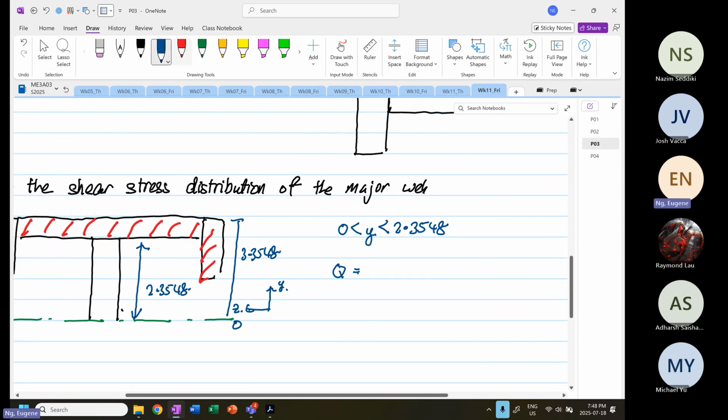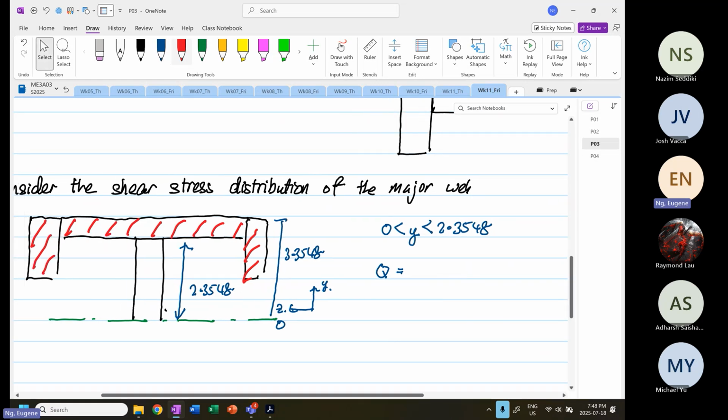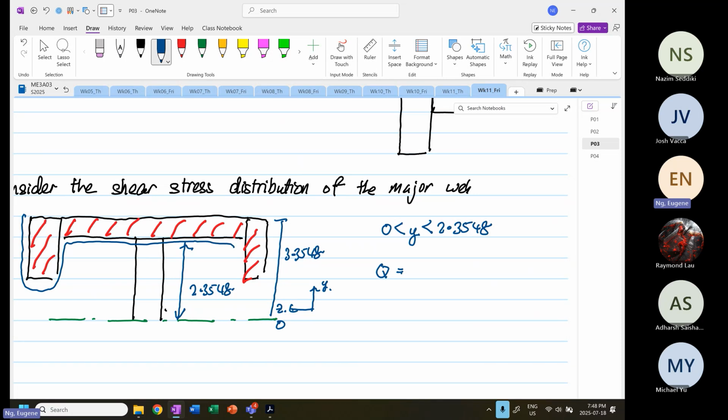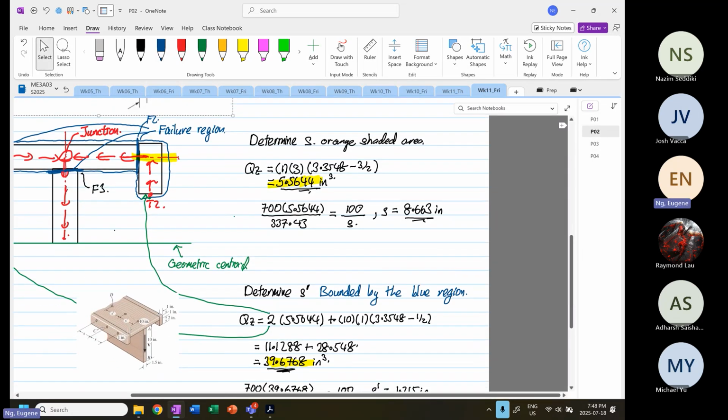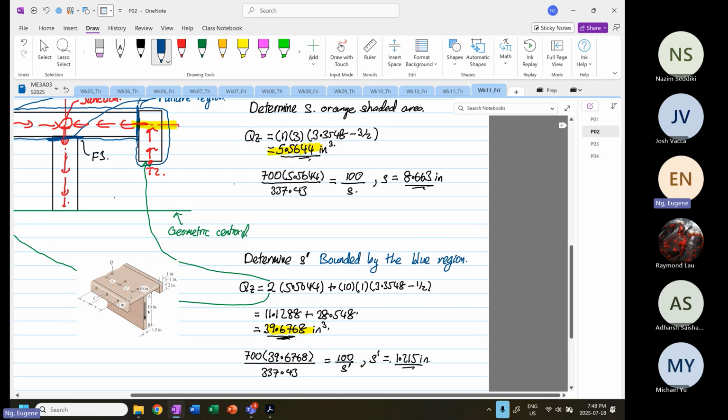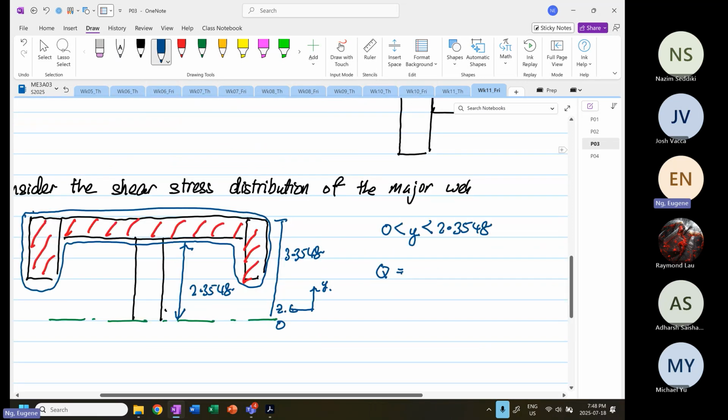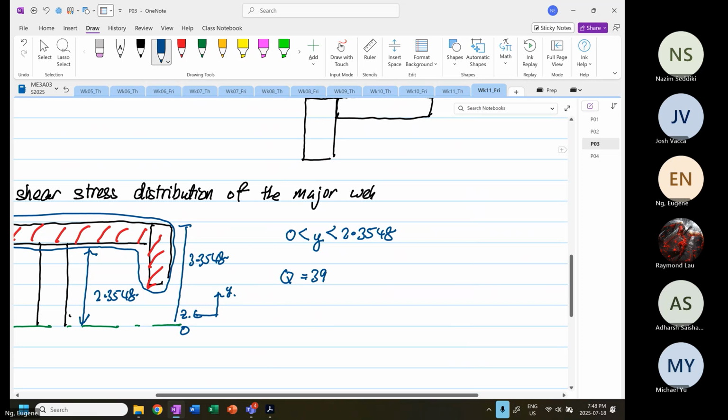Okay. So we have this part over here, we have the actual value of this section over here, right? And that value we calculated earlier is equal to 39.6768 plus.